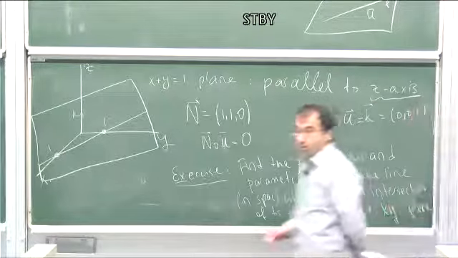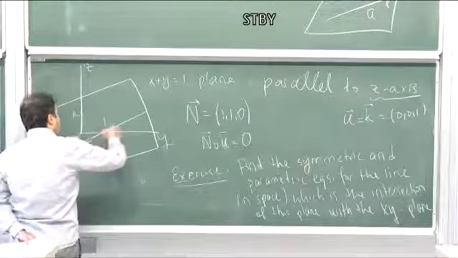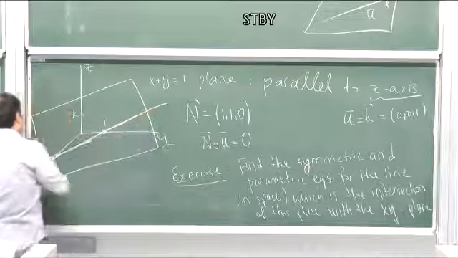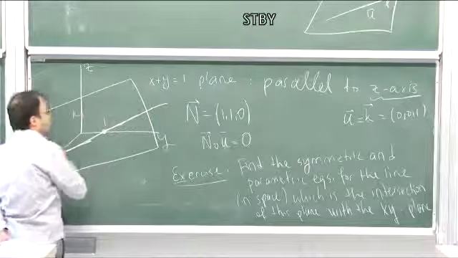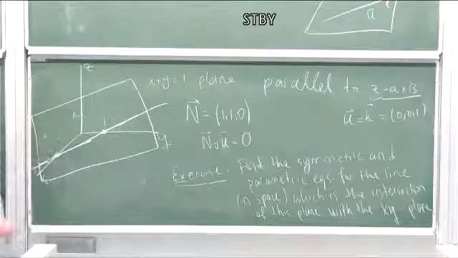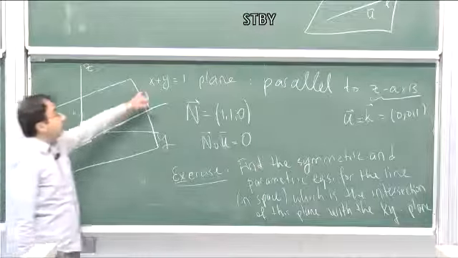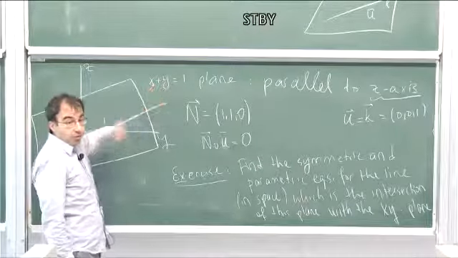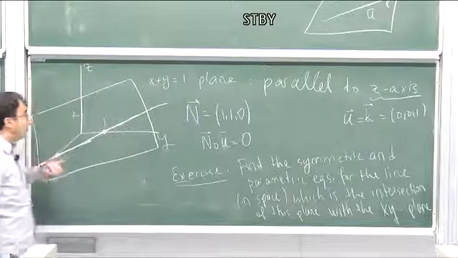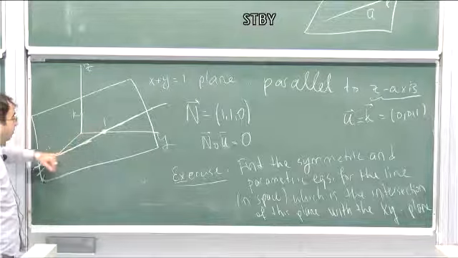So I suggest you write parametric equations for this line that you see here. If we consider this line in the xy plane, then its equation is the same, x plus y equals 1, because there is no z. So we put z equals 0 normally to find the equation in the plane.